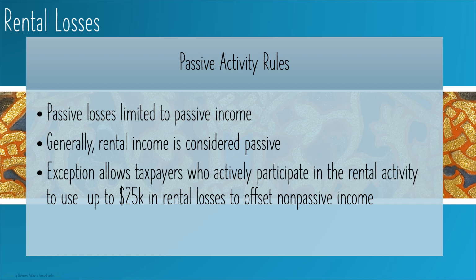So there is an exception to the rule that rental income is considered passive. It allows for taxpayers who actively participate in the rental activity, and this is not somebody who is actively participating as like a business. They're in the real estate business. That's different.